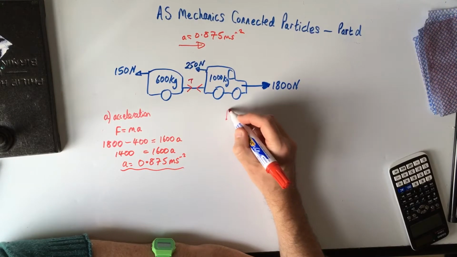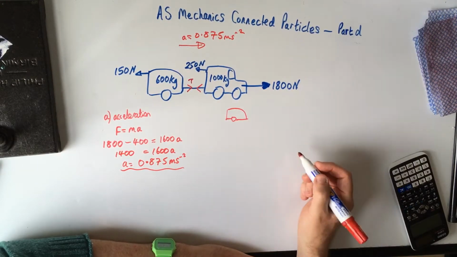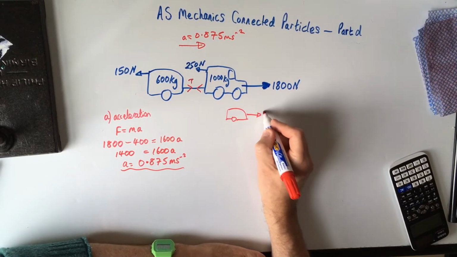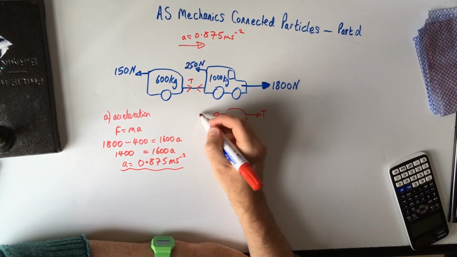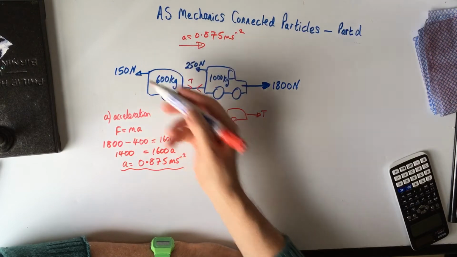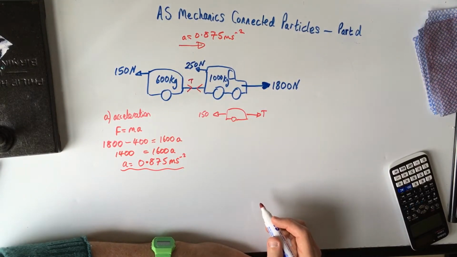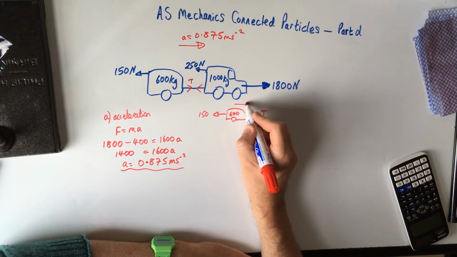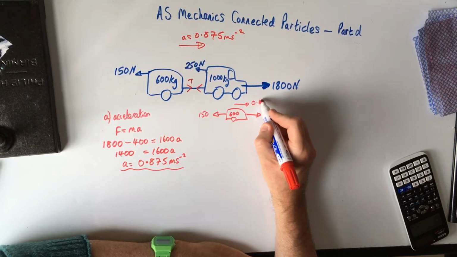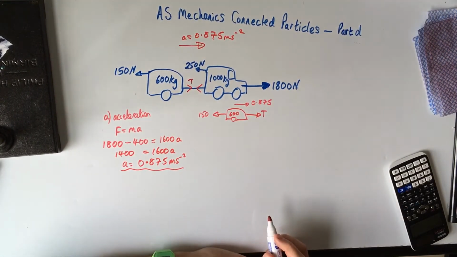So this is my caravan, my little diagram. There's my caravan, and it's got T pulling it that way. And it's got a resistant force of 150 newtons, air resistance and friction, that way. But it is accelerating. It's 600 kilograms and it is accelerating, same as the car, because it's attached at that.